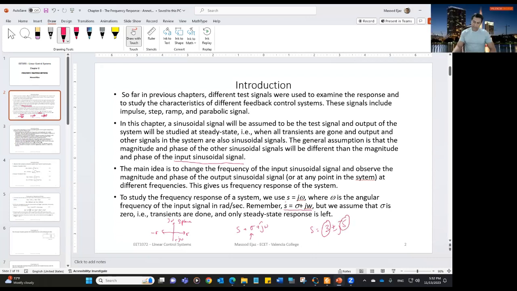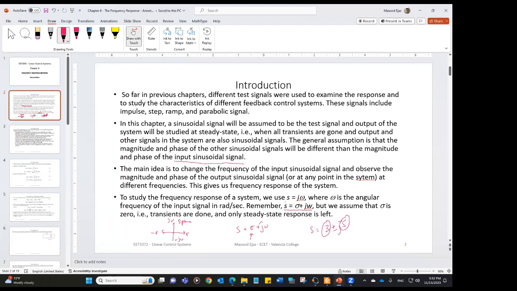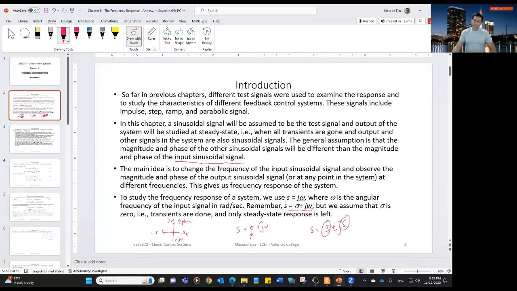What will be the effect of 5, j5? Guys, anyone? The 3 would be the magnitude, while the 5 is the... What do you mean magnitude? I'm talking about what will be the effect on the signal if you have these two complex conjugate roots, 3 ± j5, as poles. Let's say poles. If you have these poles.